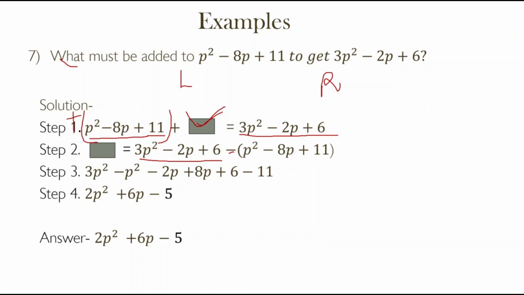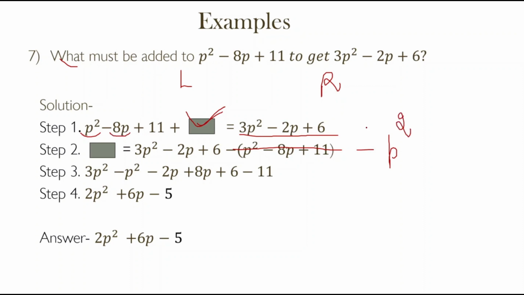Or we can do it in the other way also. Let's do it the other way to make it less confusing for you, like we did in the previous one directly. How? When we shift the p square, which is having a positive sign, it becomes minus p square, right?